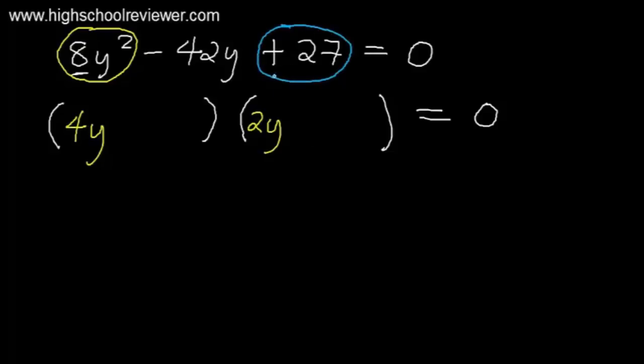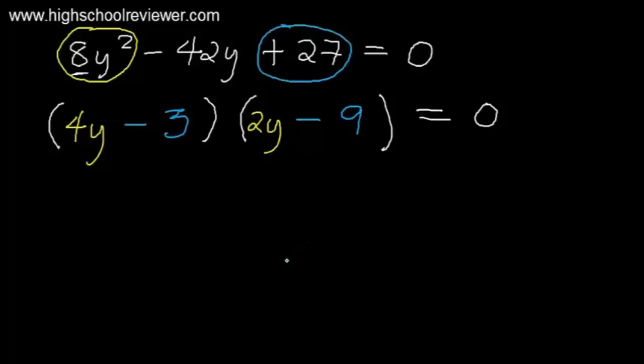Since this is positive and our second term is negative, we can be sure that the signs of the factors of positive 27 will both be negative. Negative multiplied by negative is equal to positive. And for the factors of positive 27, let's try negative 3 and negative 9.